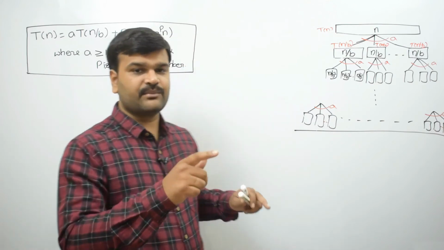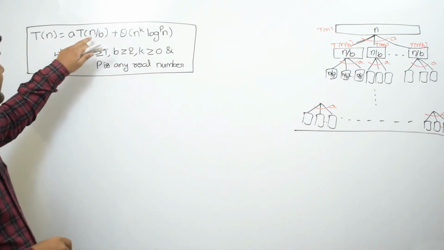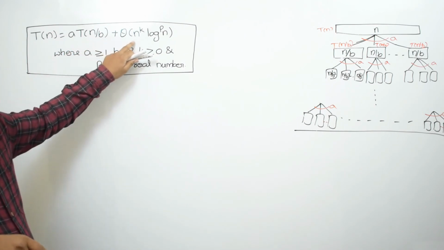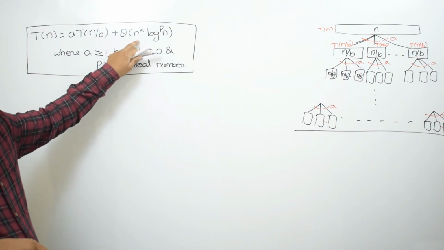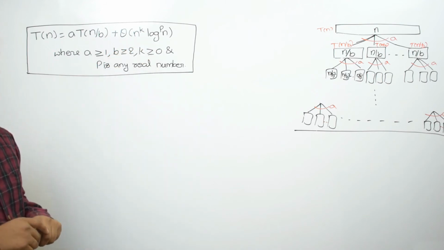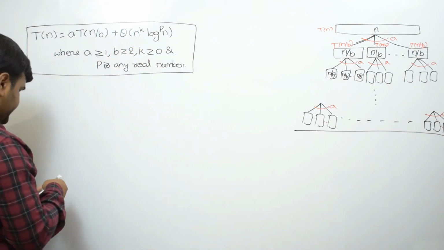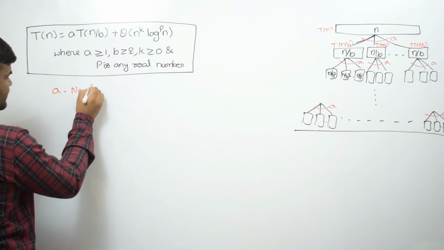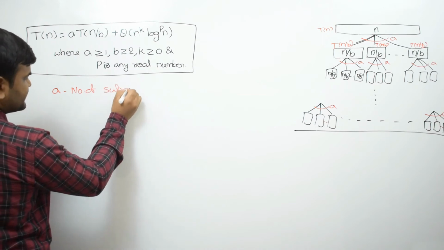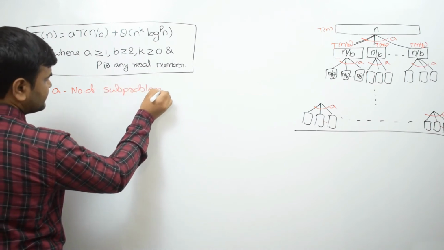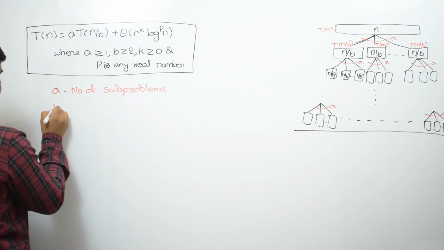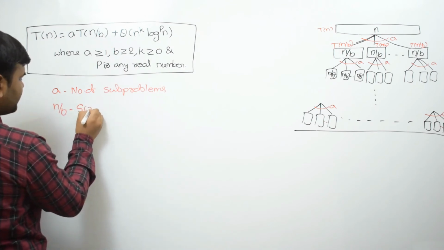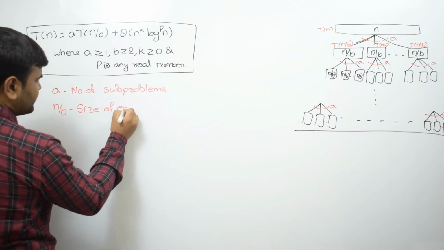So total a subproblems are there, and n by b is the size of each subproblem, and the non-recursive code time complexity is theta of n power k log p n. Okay. So here these meanings are very important, where a is the number of subproblems. So this is very important. And then n by b means the size of each subproblem.